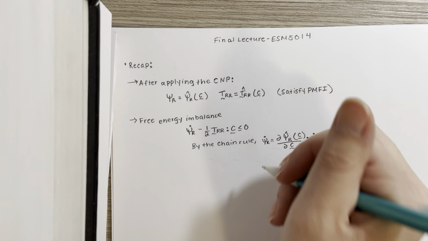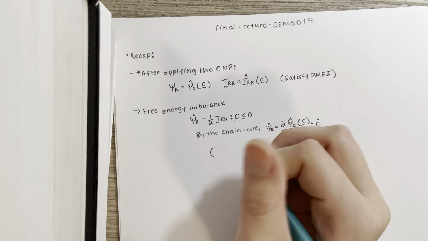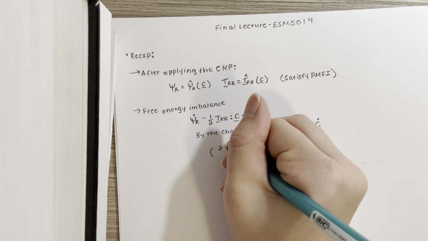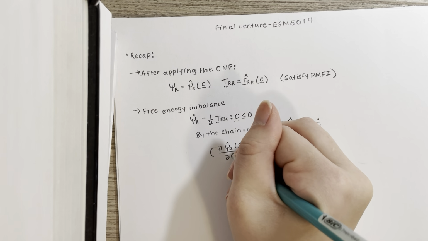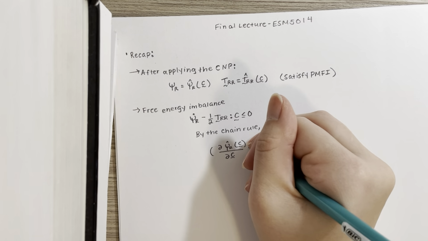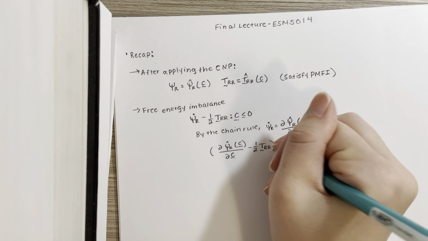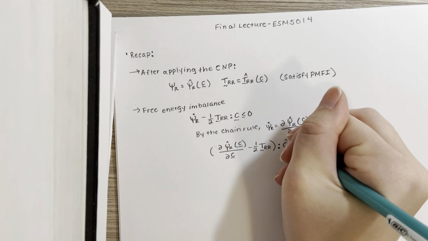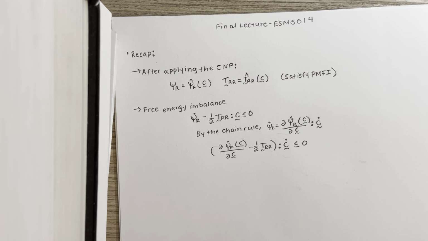If we substitute this into our free energy imbalance, we have del phi r hat over del C minus 1/2 T RR, double dotted with C dot, is less than or equal to 0.